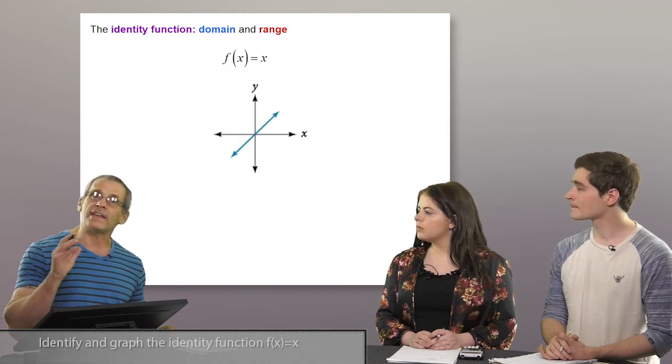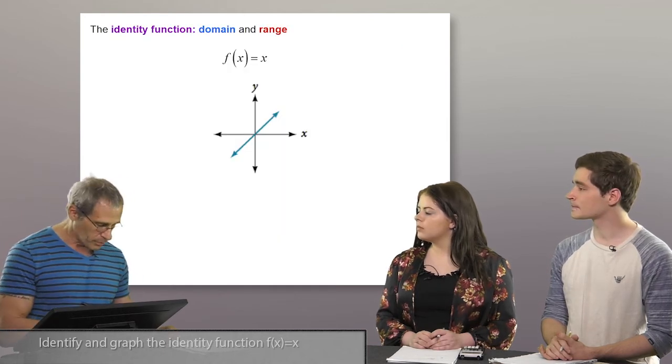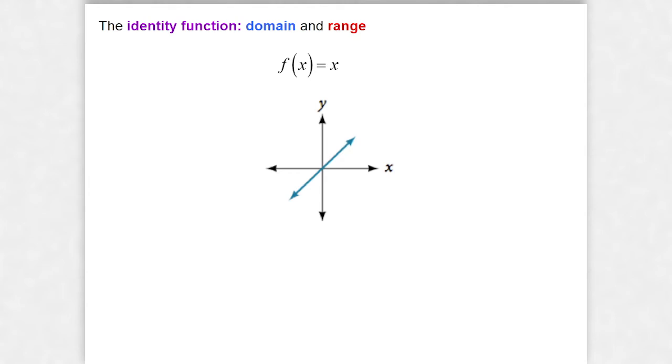Now next, we're going to identify the domain and the range. The domain is the set of acceptable inputs. We have to train our eyes to look left to right to decide the domain. Now notice this graph extends all the way to the left and all the way to the right.